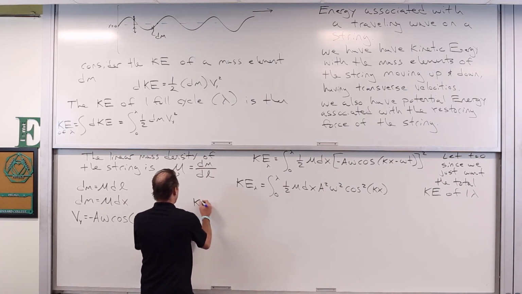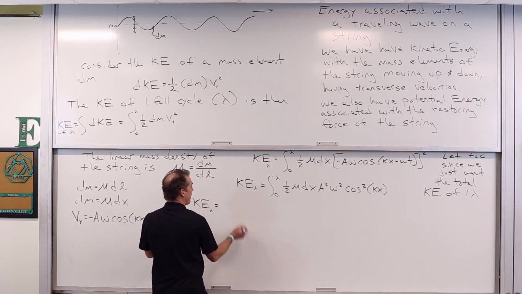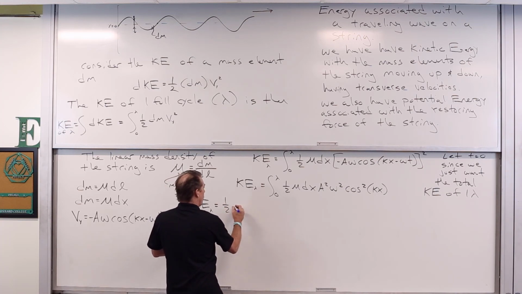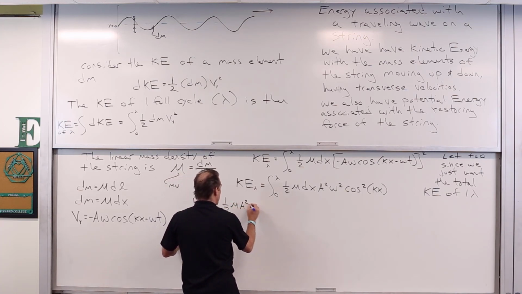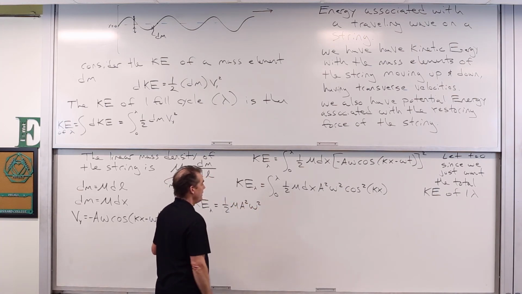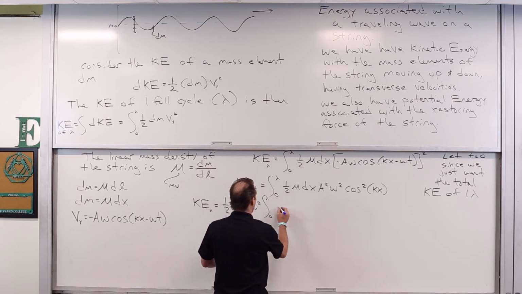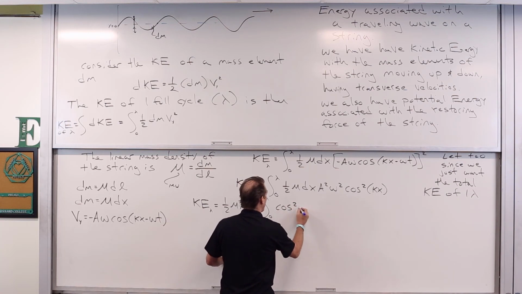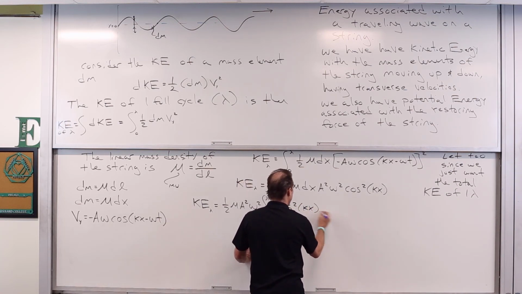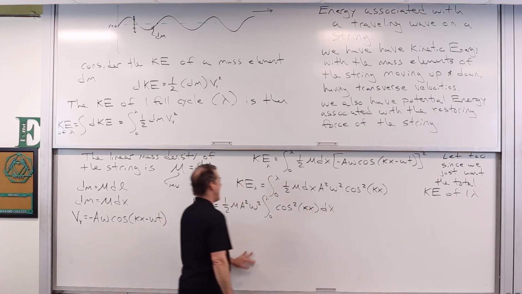So we can write Ke sub lambda is equal to 1/2 mu a squared omega squared multiplied by the integral from 0 to lambda of cosine squared of kx dx.